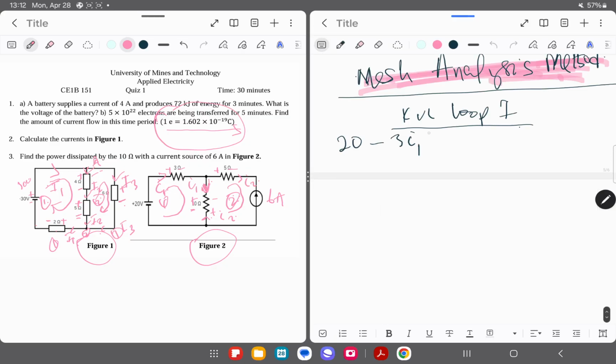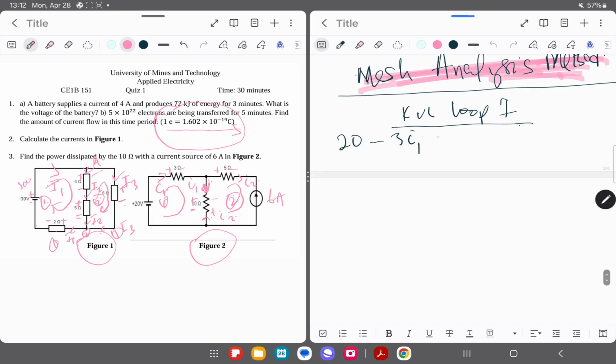So we get here 5 I1 as well. Then we come the whole way to the negative terminal of the 20 volt, so I can write this equal to 0. But bear in mind, especially when it comes to this part, let me go back a bit.